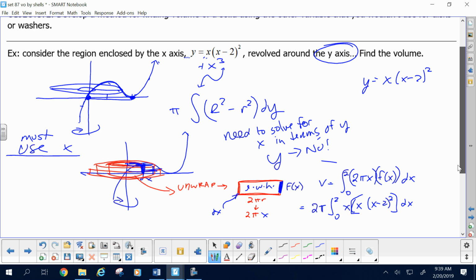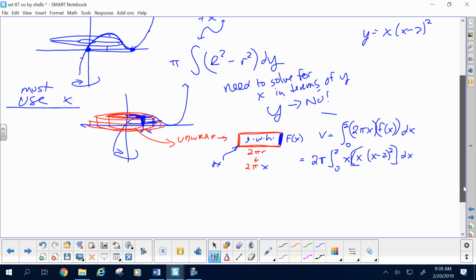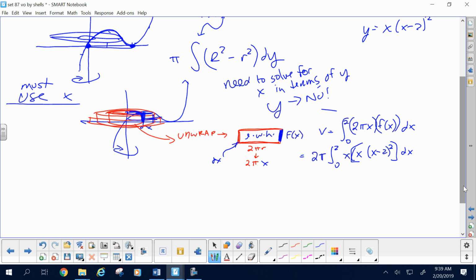Surely this isn't too bad to integrate, but we'll focus on the concept and leave the integration to the calculator. I'm getting something like 6.702. How about you?